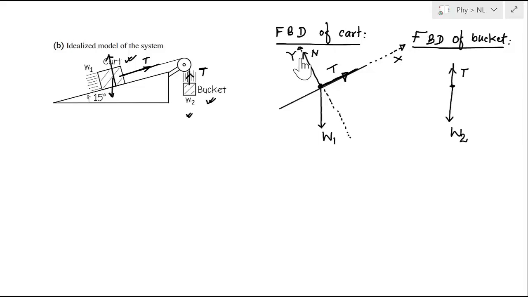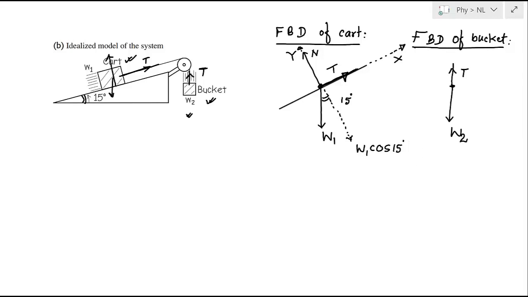So I have to resolve these forces. Now this angle is 15 degrees, so this angle will also be 15 degrees. You can basically prove this. So W1 will have one component in this direction, and that will be W1 cos 15 degrees.